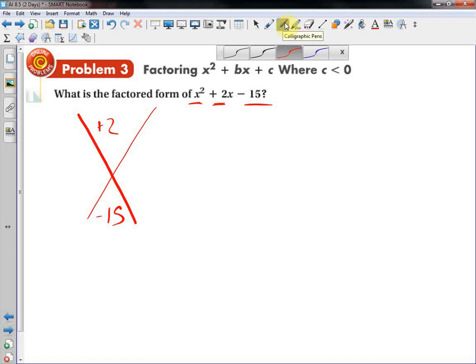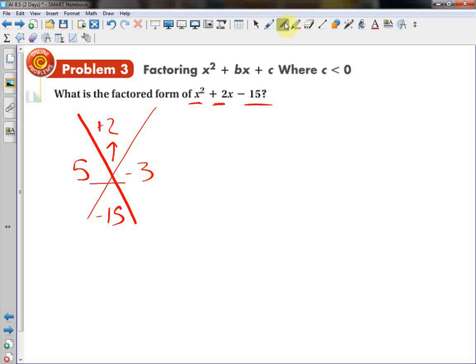I could use like 15 and negative 1, but 15 is much bigger than just 2 bigger. Then the next set is 5 and negative 3. All right. 5 times negative 3 is negative 15. 5 plus negative 3 is 2.